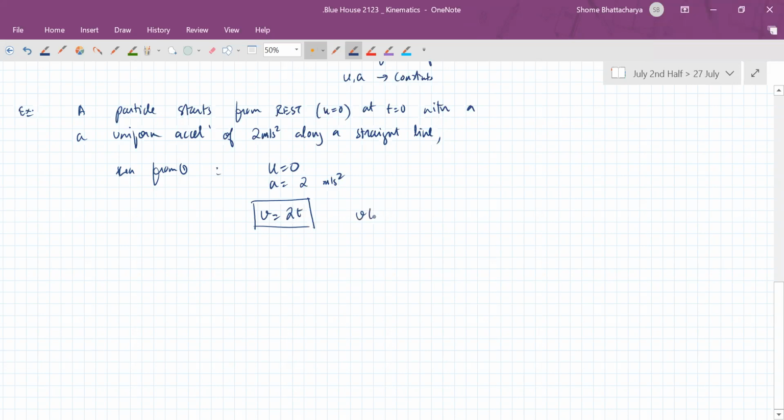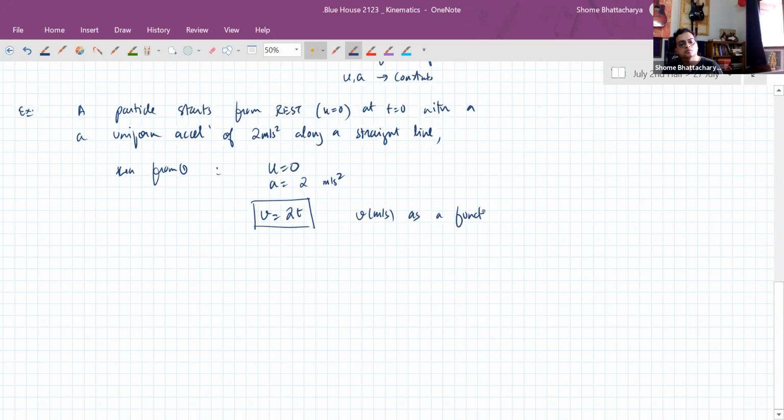So this is the velocity in meters per second as a function of time in seconds. That's a simple application.